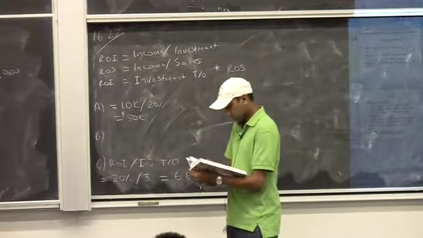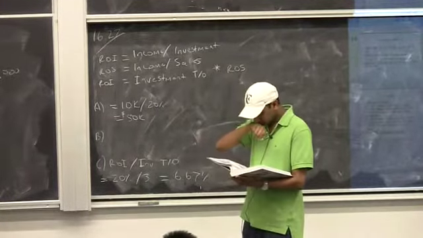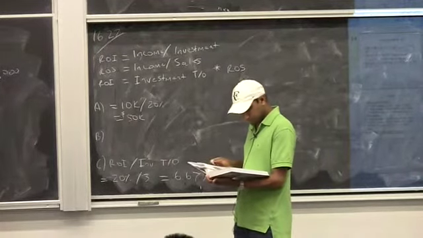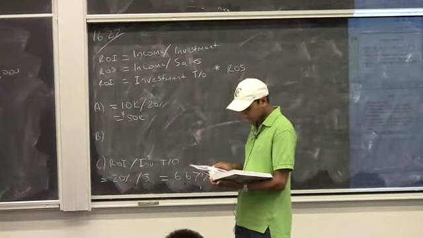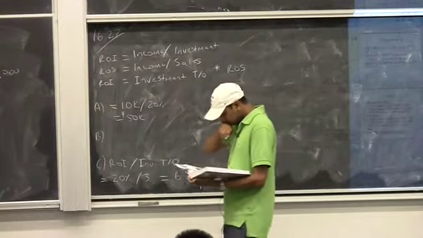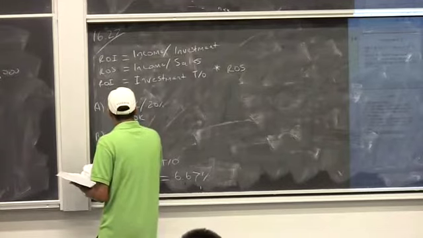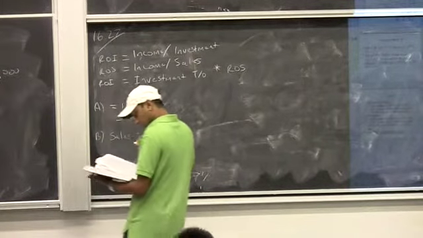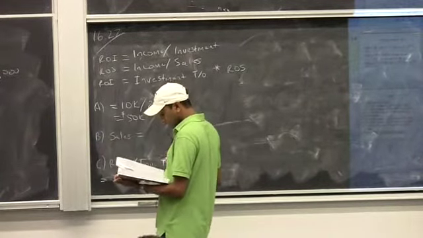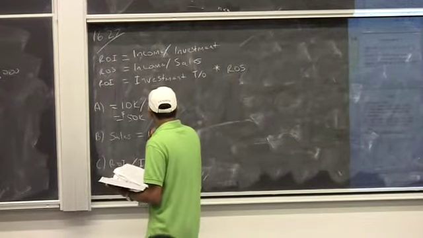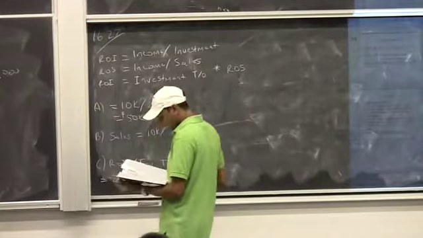So what's B? B is the sales number, right? So sales equals what? You have your income. Yeah. 10,000 divided by what?